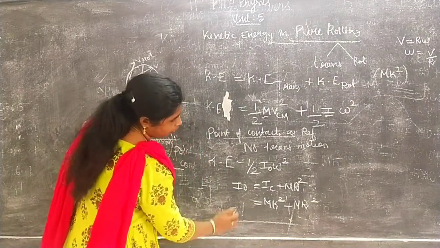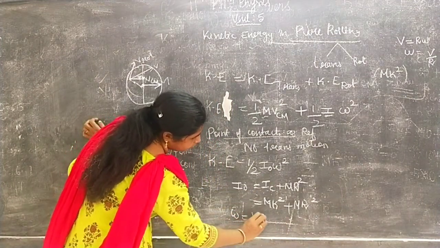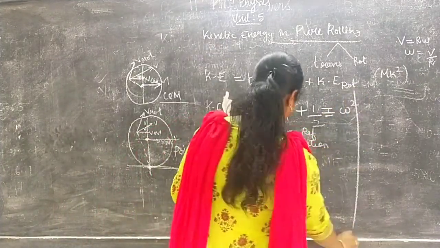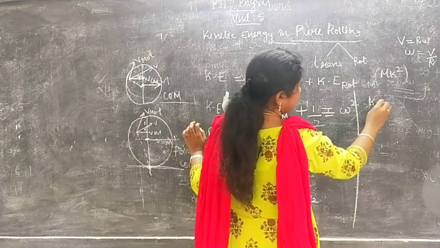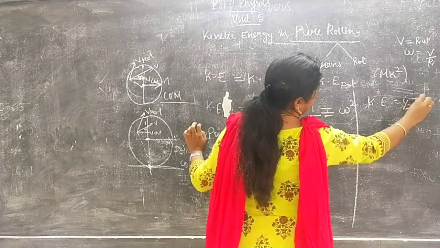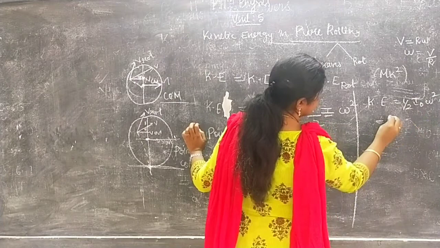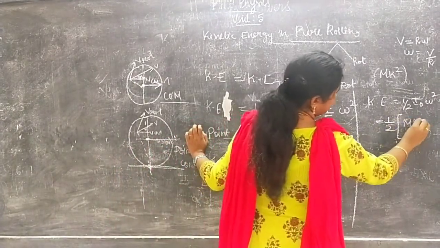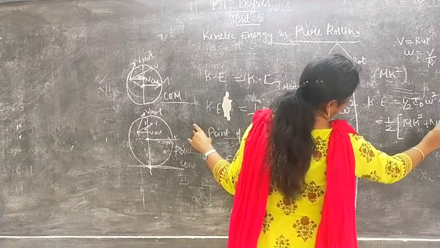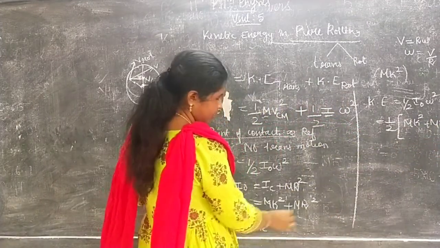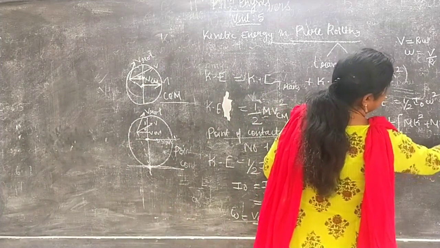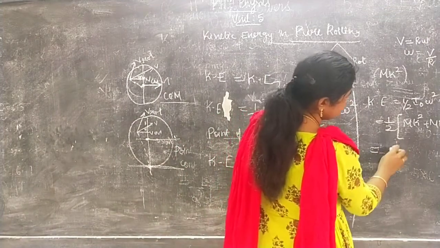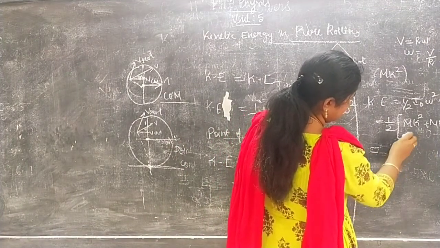Also we can write omega equal to V CM by R. Substituting these values, kinetic energy equals half I naught omega square, where I naught is M K square plus M R square, into omega square, which is V CM square by R square.